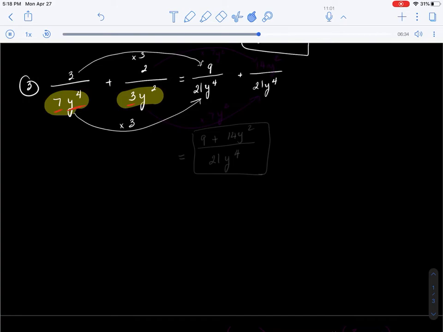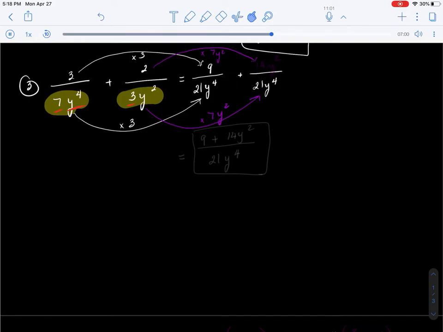For the other fraction to get to the common denominator, I multiply by 7y squared. I also do exactly the same on the top, multiplying by 7y squared.